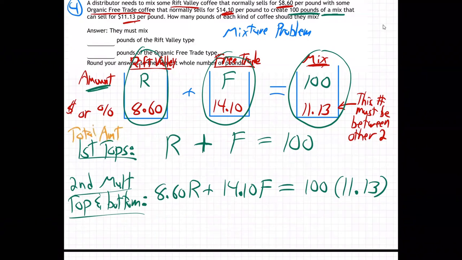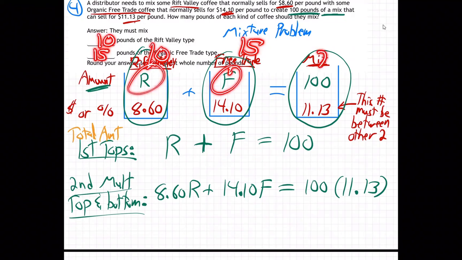When you're mixing two things together, whatever comes out of the first bucket, however much coffee, say there's 10 pounds of Rift coffee and 15 pounds of free trade coffee. That's F, whatever it is. We just don't know R and F right now. We're going to find R and F at the end. What if Rift coffee ends up being 10 pounds and free trade coffee ends up being 15 pounds?